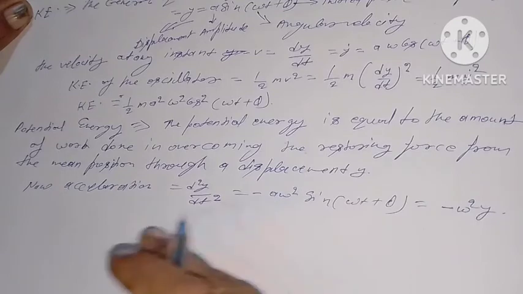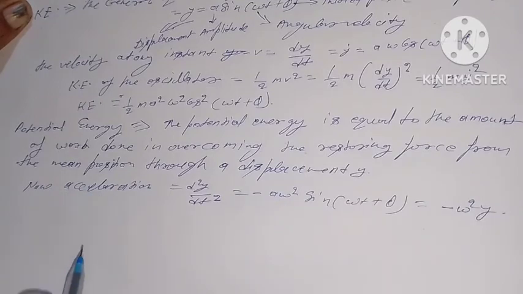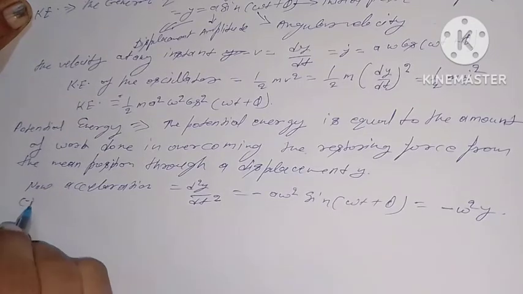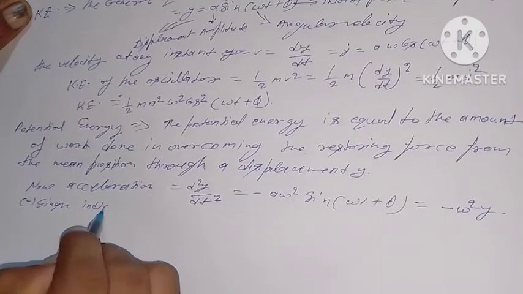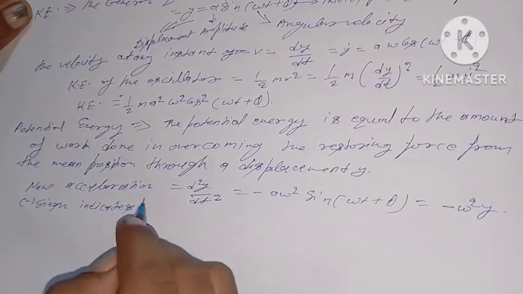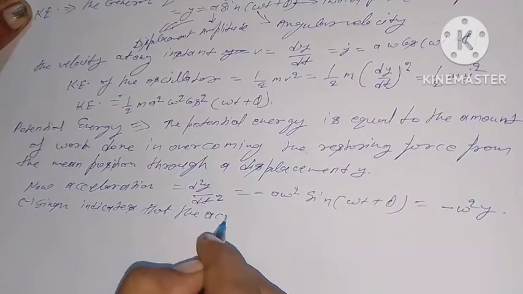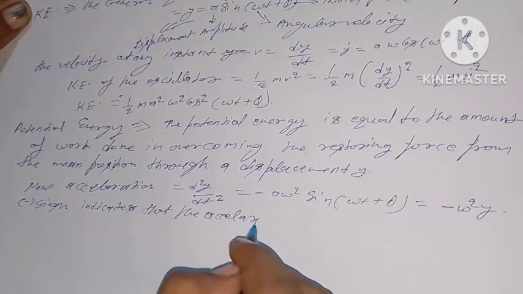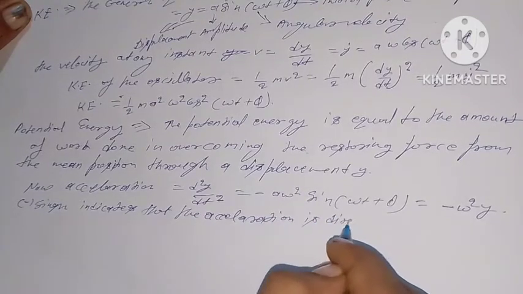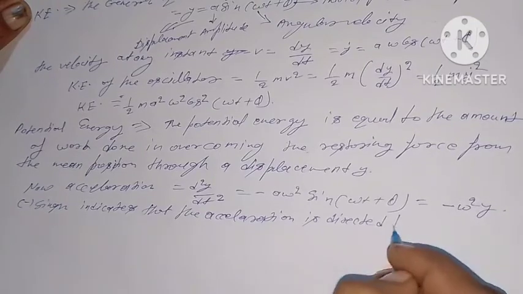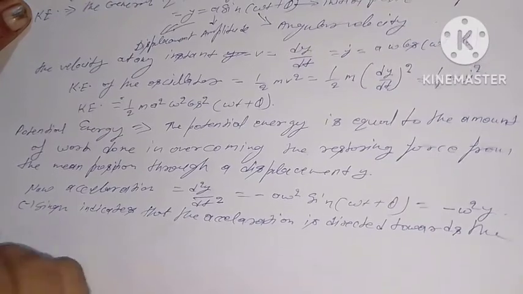The negative sign indicates that the acceleration is directed towards the mean position.